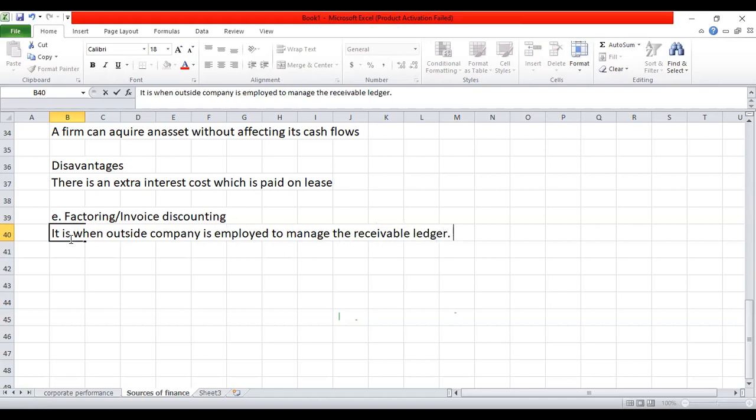That's what we call factoring. And this factor company, as we discussed in working capital, will always pay an advance payment on the receivables. So it is the advance payment that is a source of finance.